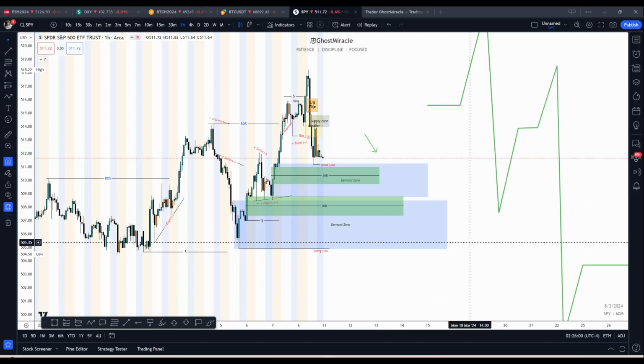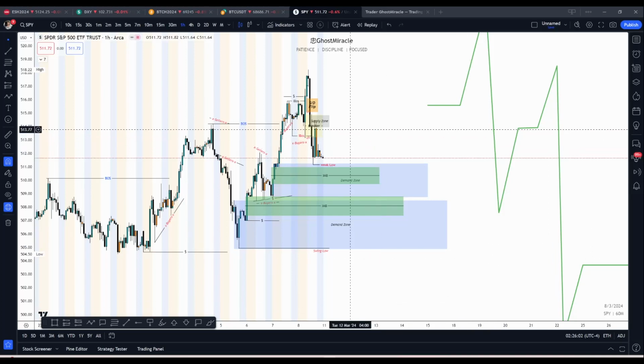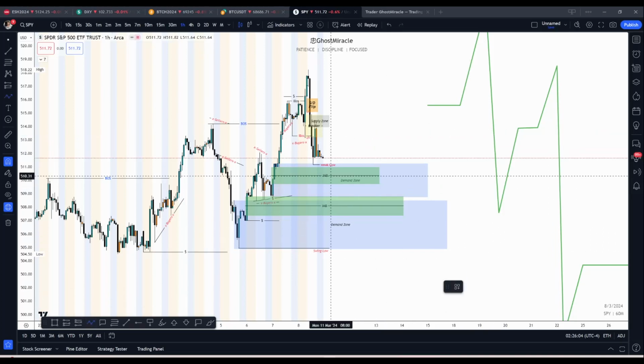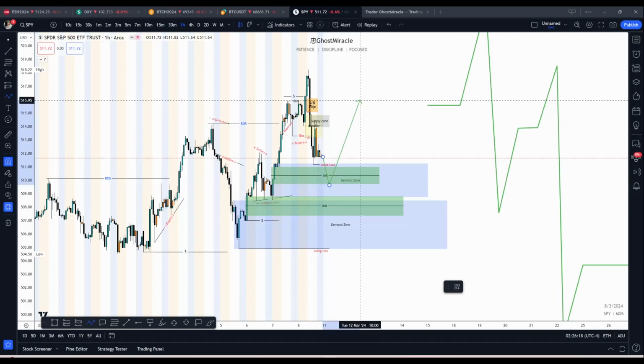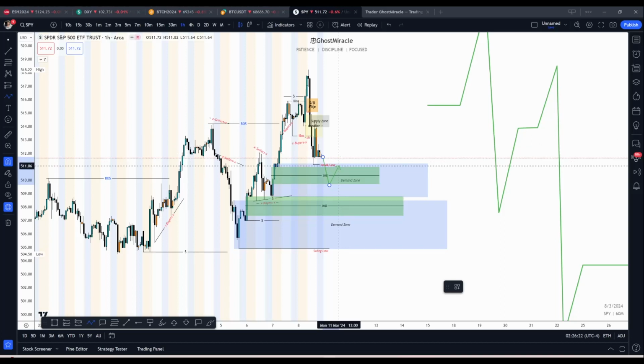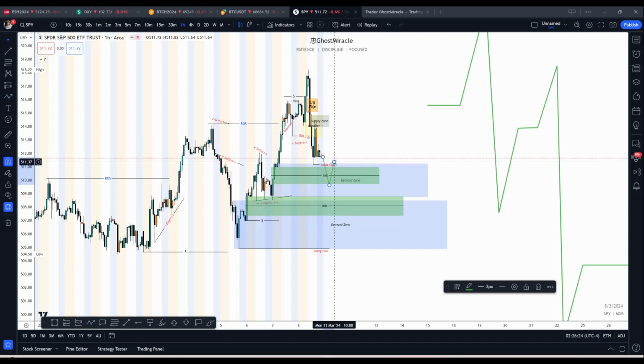For one, I don't like how fat this line is. So I would expect something like this. Like you said, either we open up and then tap into this demand here, come up.